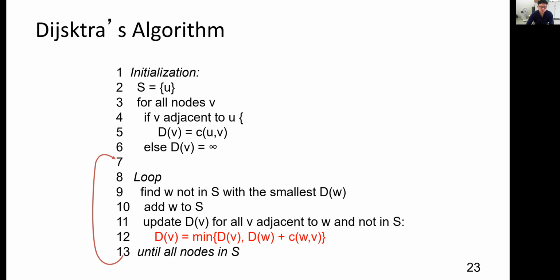So I'm going to show you the basic algorithm. Initialize: you initially set the path to itself. So in the current S, I have nobody but me.